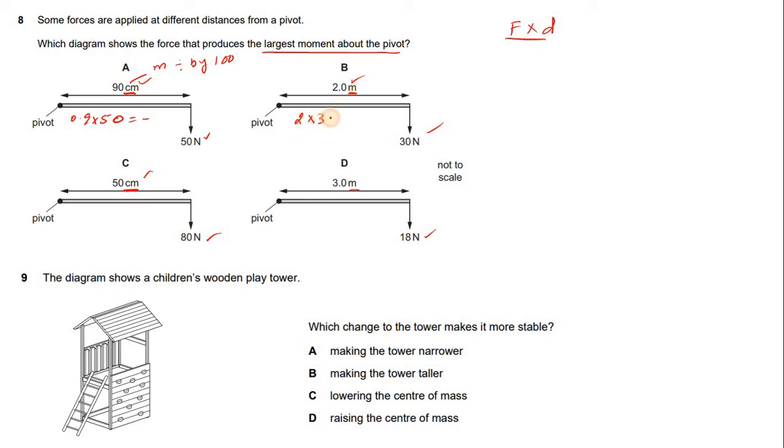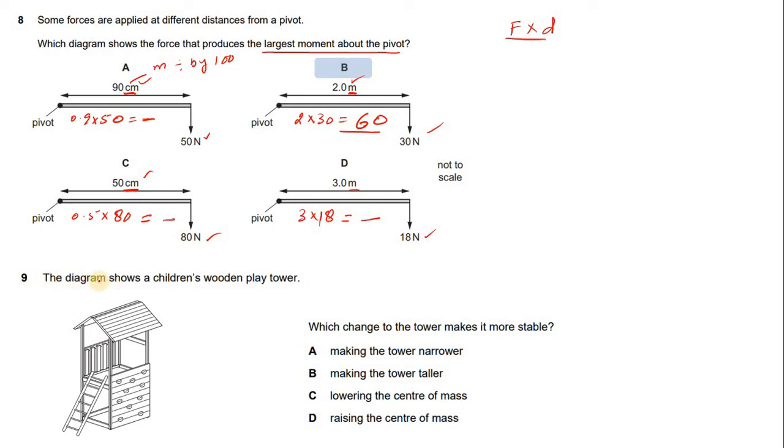And 0.5 times 80 and 3 times 18. Clearly, if you find the answers, the largest answer will be 60 newton meter. So this is the largest moment, and the other numbers will be less than 60. So option is B.